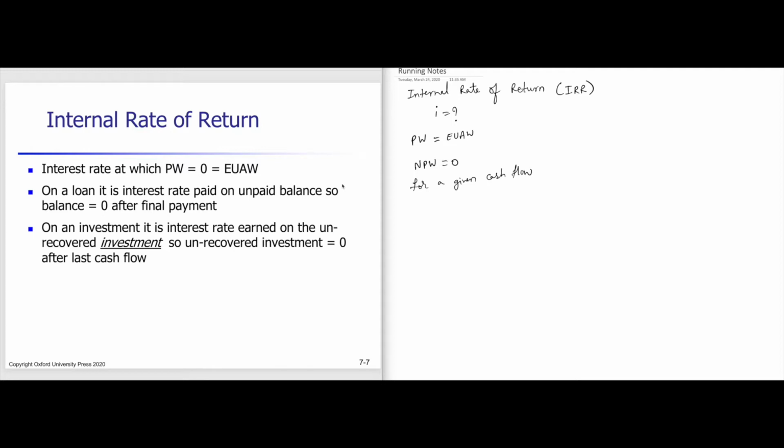So either of these two conditions, we can apply either of the two conditions to calculate I.